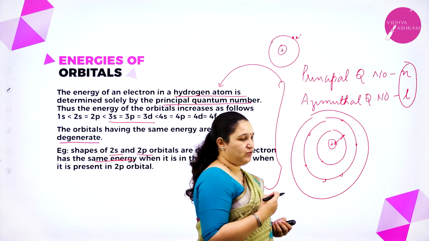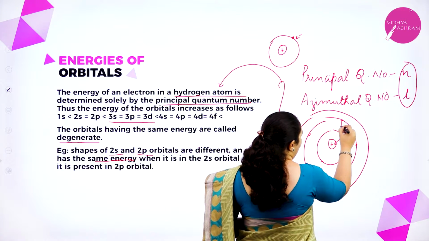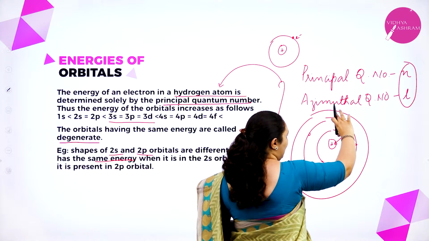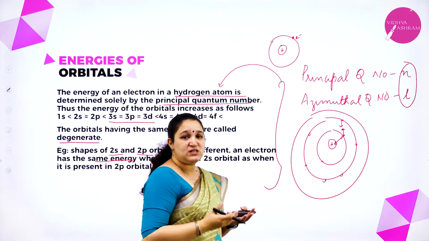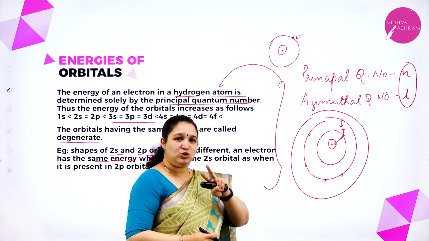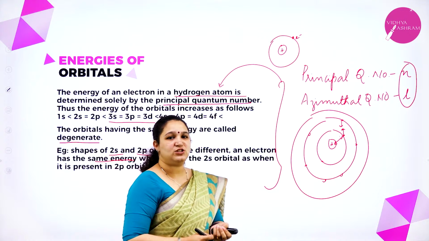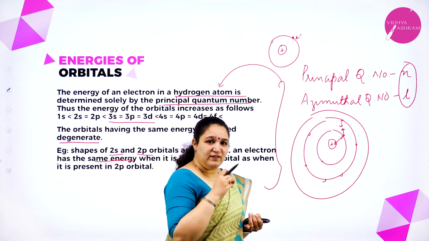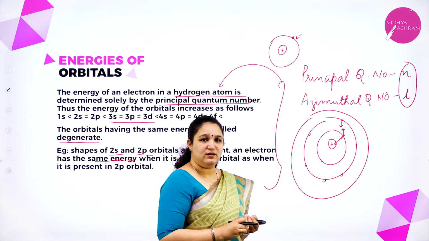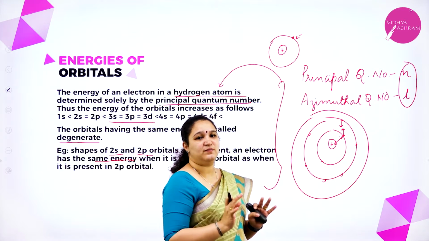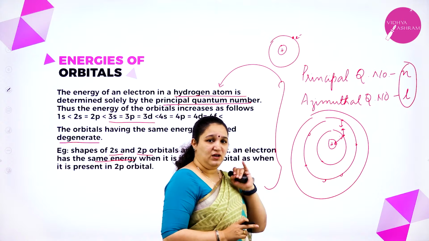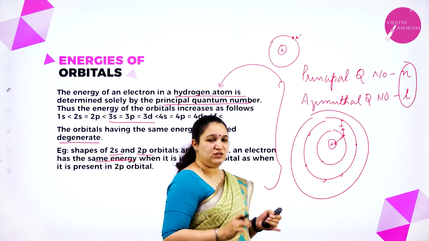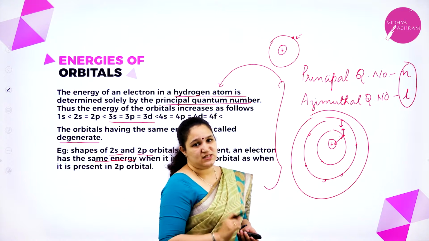Also, there is a repulsive force between the electrons themselves because they are of like charges. So there are two types of interaction which will happen, and if the total attractive interaction is more than the repulsive interaction, then the atom is stable.